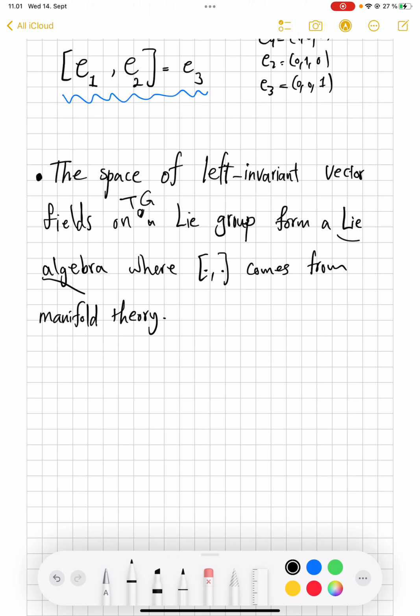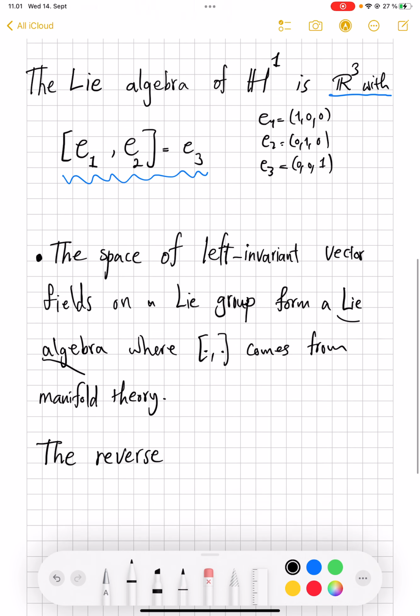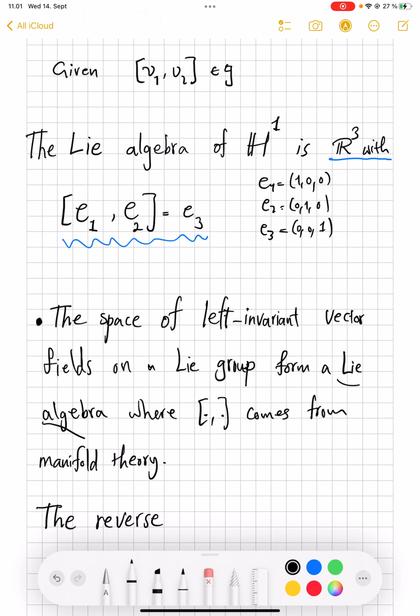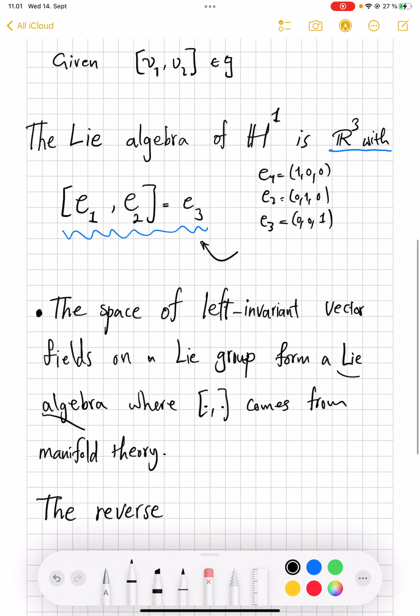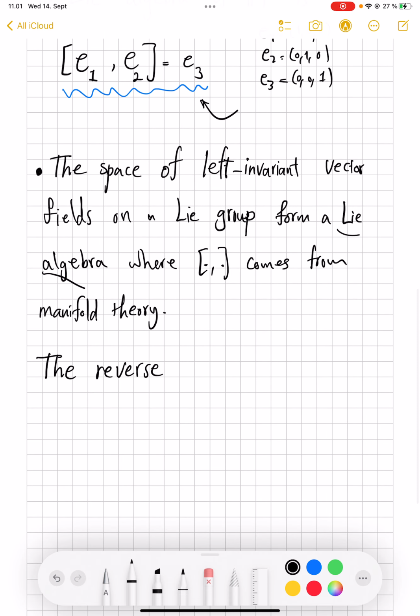So every time you have a Lie group, the tangent space at identity is a natural Lie algebra. How about the reverse? The reverse is what we are interested in, because for now we imagine that we don't know what H1 is. We don't have the Lie group. We only have this made up artificial Lie algebra. So can we move from a Lie algebra to a Lie group?